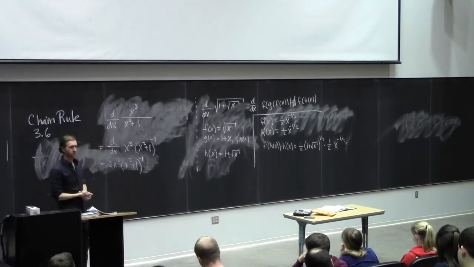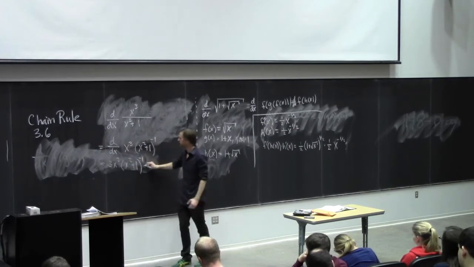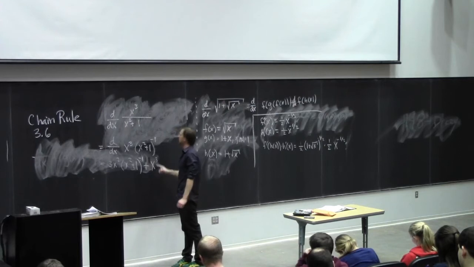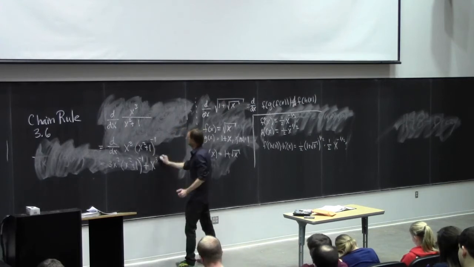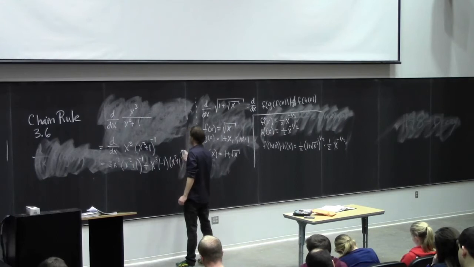I'm using the product rule. Plus, that's the derivative of this one times this one, plus x cubed. Now take the derivative of this, times minus 1, x squared plus 1 to the minus 2 times 2x.